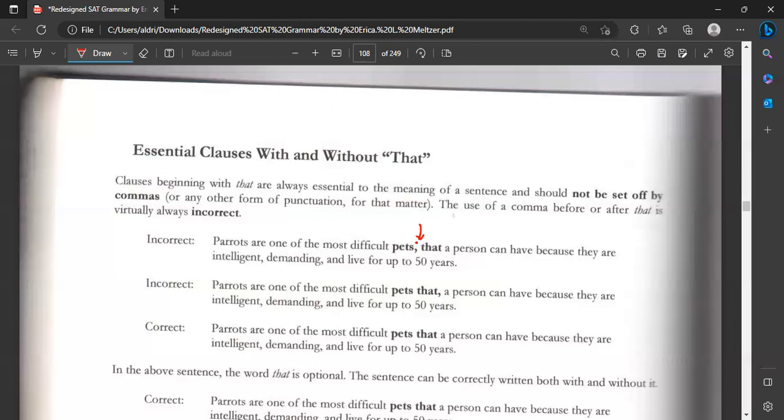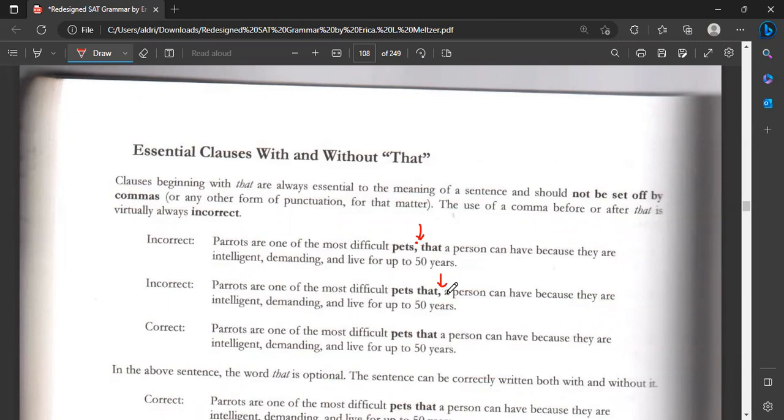Let's look at the next version. What if we put a comma right after? "Parrots are one of the most difficult pets that, a person can have because they are intelligent, demanding, and live for up to 50 years." This is improper grammar because this comma here is not even necessary.